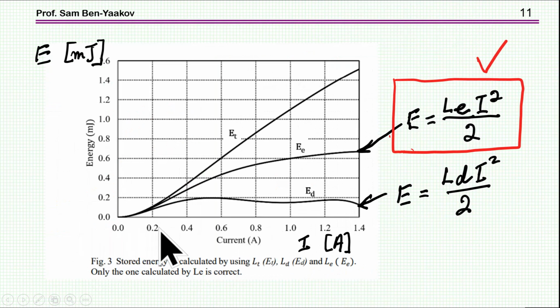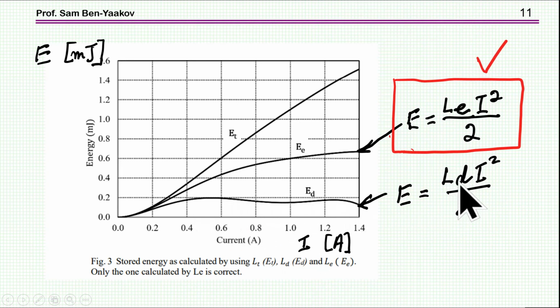And here is another view of this issue. We see here the current going up, and here is the energy stored in the inductor. The only one which is correct is this one. This is the actual. Now, if you calculate the energy by L_di times i squared over 2, which is incorrect, of course, you get a much smaller number.